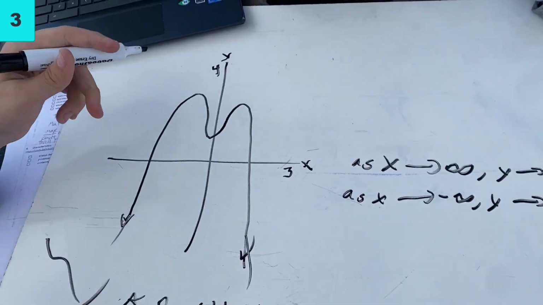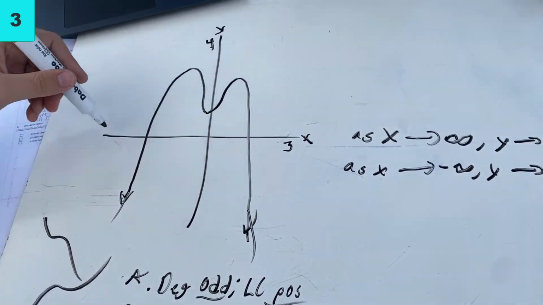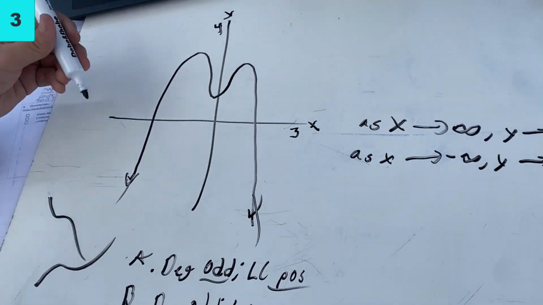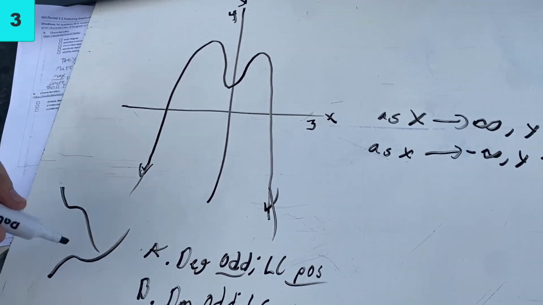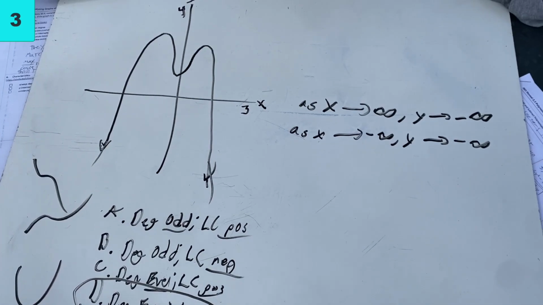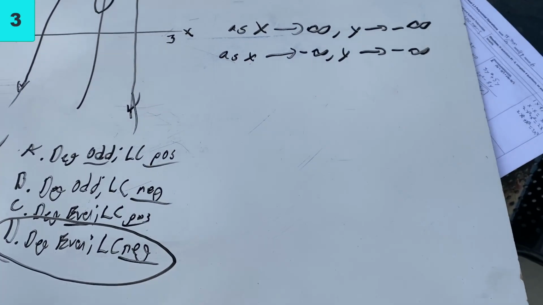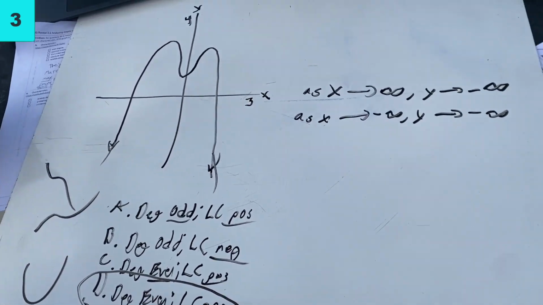This is because as this side of the graph goes this way on the x-axis, the negative way, it will also be going this way on the y-axis, which is also the negative one. And then the last part that we have to do is if the graph has symmetry.